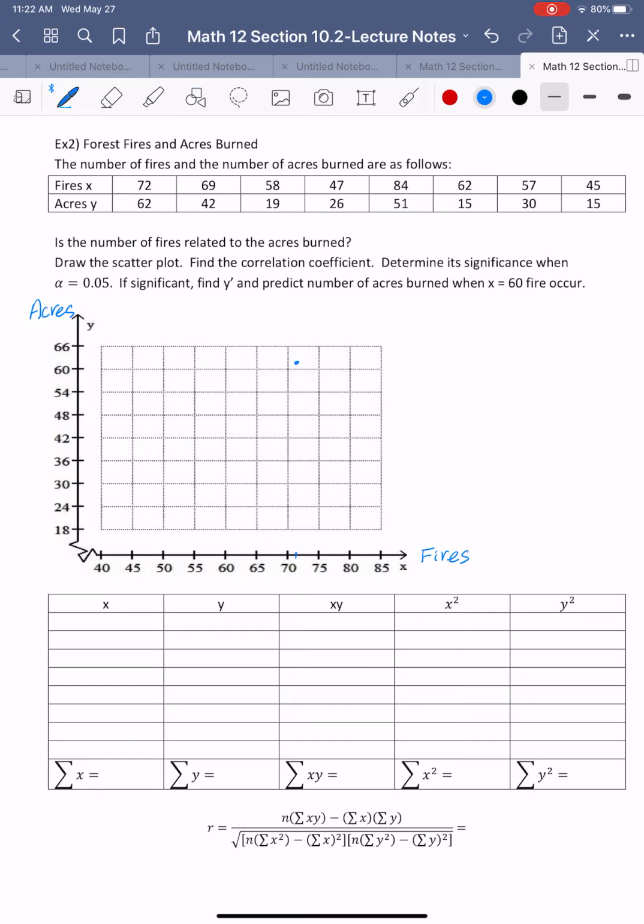And then 69, very close to 70, and then 42, so right here. And 58, it's about here. And about 19, which is a little bit above the 18. And then 47 fires, 47 is about here. And then 26 is about here.